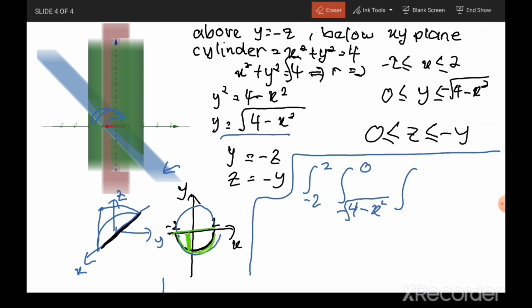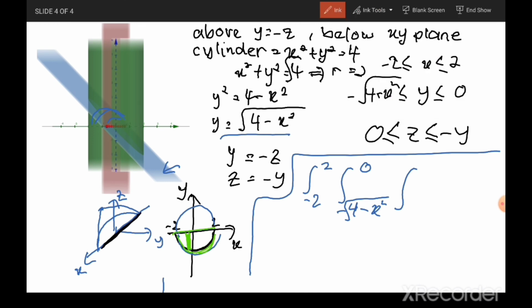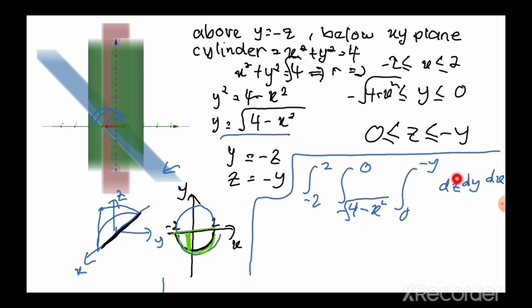Okay, I'm sorry, supposedly because the circle is below, the interval for y is from negative square root of 4 minus x square until 0. That is the interval for y. Then dz, dy, dx. If the interval for dz has no z in it, that is fine.